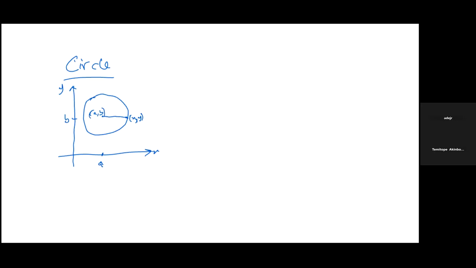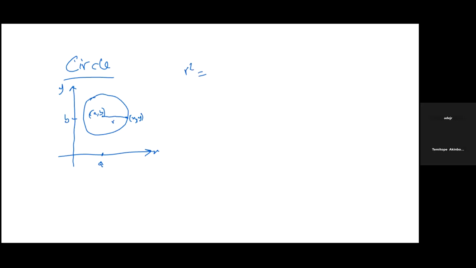Now, by the distance between two points formula that we have discussed, don't forget when we are looking at the length of a line or distance between two points, we have a formula. And what's the formula? This radius here, we can say is r squared equals the distance between the coordinate of the center and this point x, comma y on the circumference.